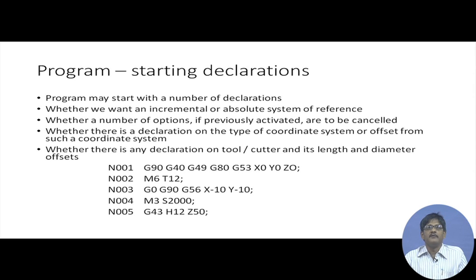Then you might be having M06, this is an M command which is concerned with tool change. Suppose you want a particular tool to be loaded on the spindle, and that tool has a name 12, that is, the tool is designated a number. It might be associated with the very tool itself, or it might be associated with a particular location on the tool storage device, and the tool happens to be residing there.